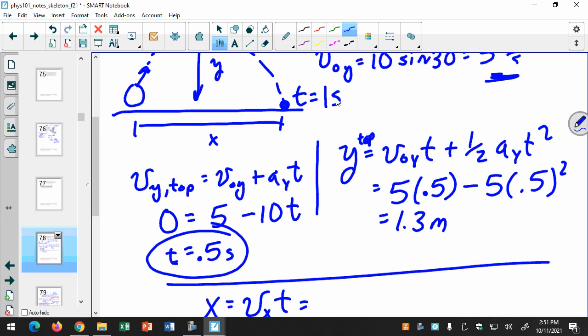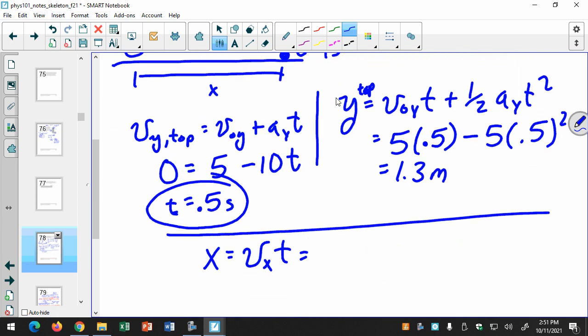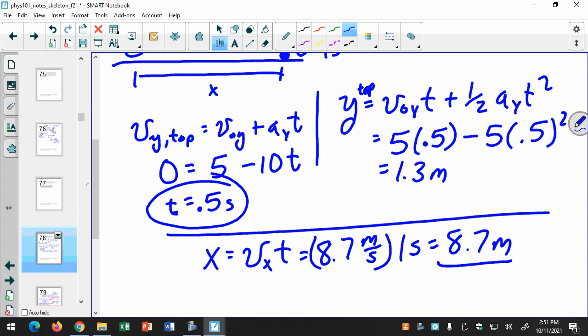And so that's going to be my vx, which was 8.7, times 1 second, or 8.7 meters. That's like questions 1, 2, and 3 on your exam, or something like that. I think it was 3 questions, but don't hold me to that. And on your midterm, on your exam 2, questions probably 1 through 4.